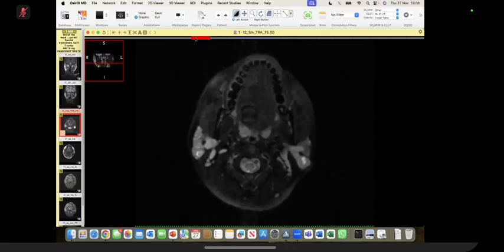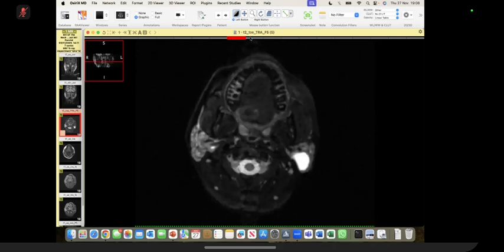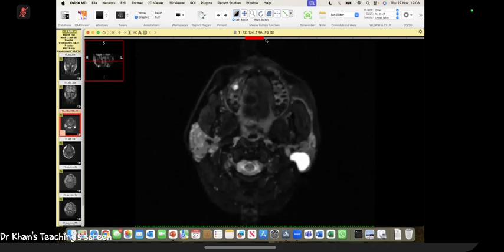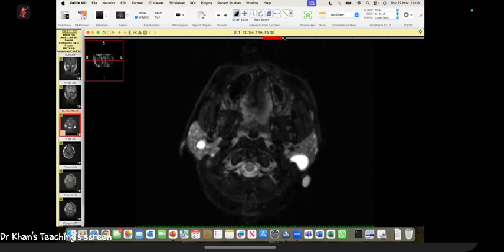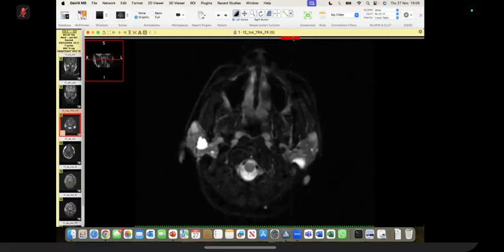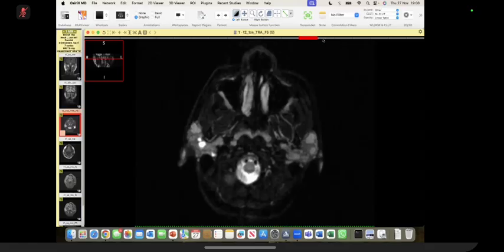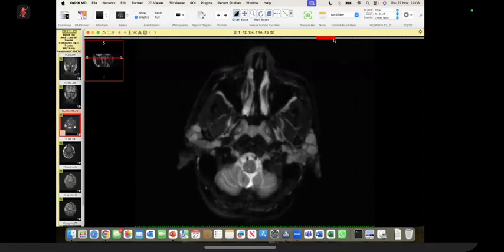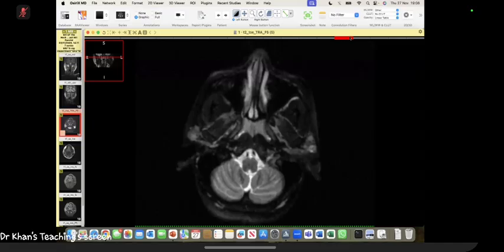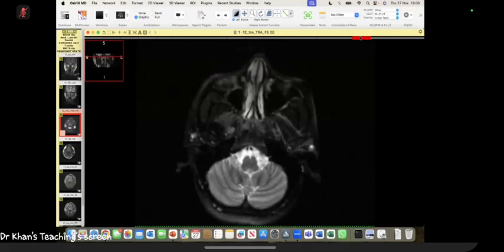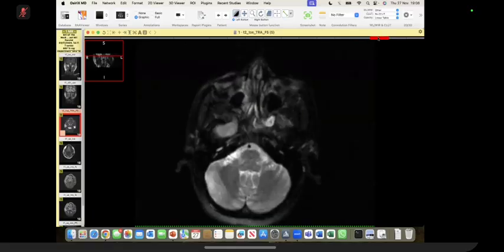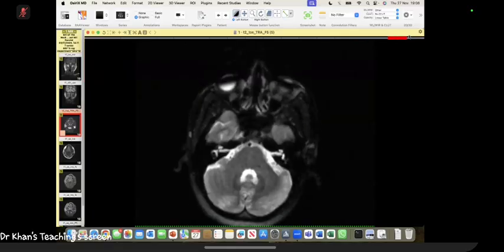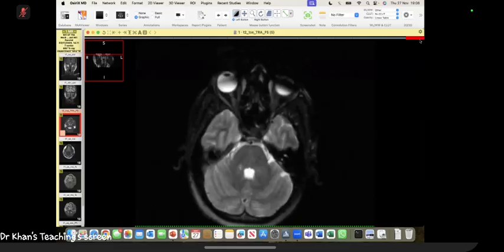In my routine practice, I would like to see contrast sequences as well. The rest of the neck spaces appear normal. The parapharyngeal space and the masticator space appear unremarkable. Yes, the nasopharynx also appears normal, and the visualized slices of the brain parenchyma do not show any significant abnormality.